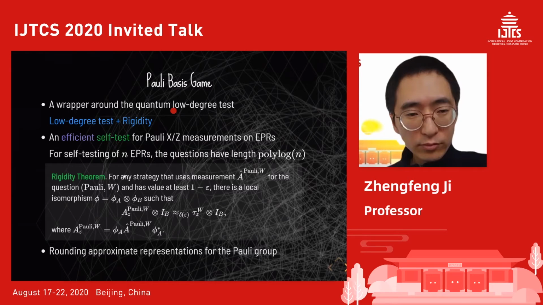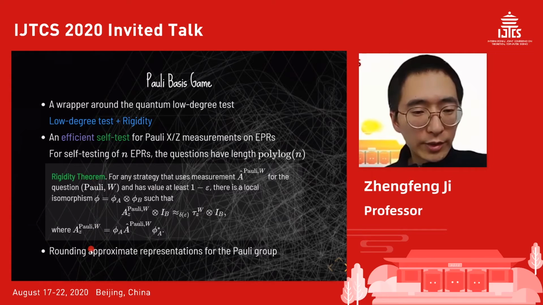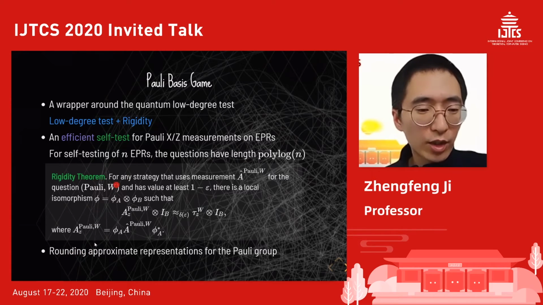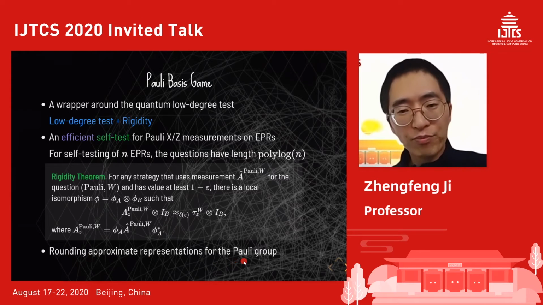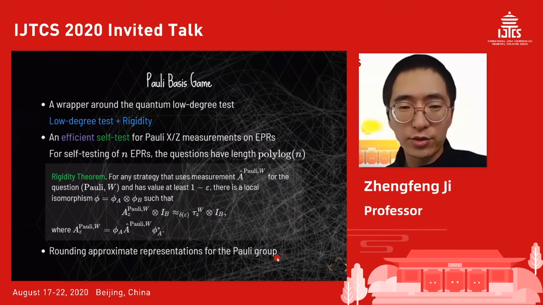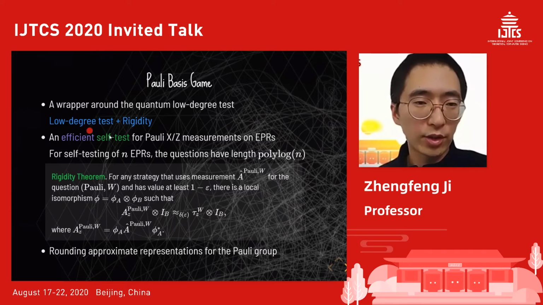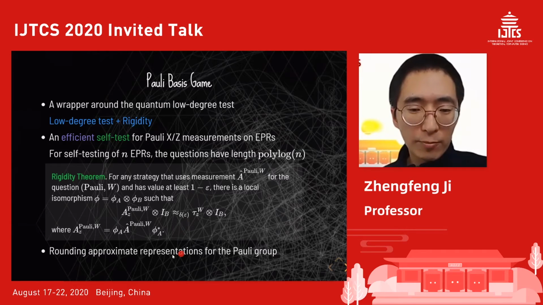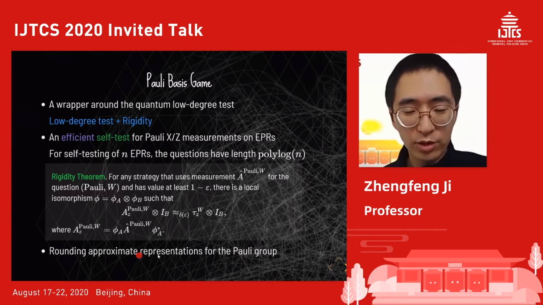Any game where the players are asked to measure Pauli X or Z and respond with answer bits. In some sense, that's rounding the approximate representations for the Pauli group. It uses a lot of instances of Magic Square in that Pauli basis game. But overall, you can think of this as an approximate representation result for the Pauli group.